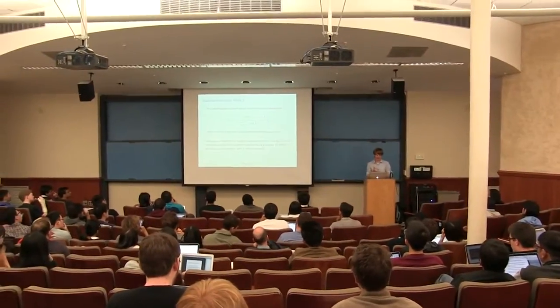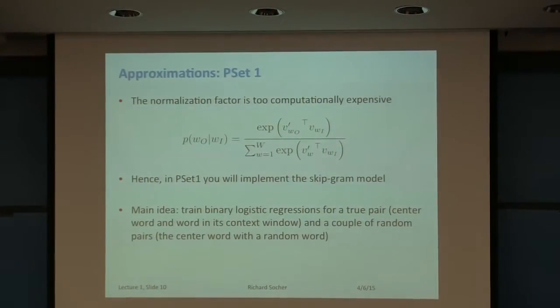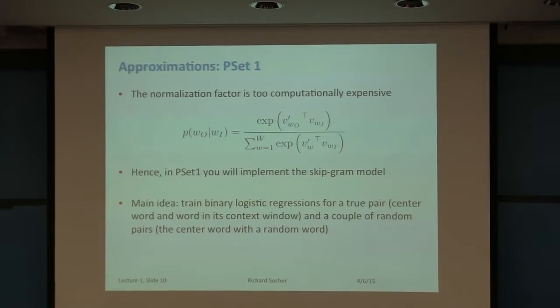So in the problem set, we'll actually approximate this function, because not only would it be suboptimal to go over all the windows before making a single update step, but it's also computationally way too expensive to compute the normalization factor here. You'd have to sum over the entire vocabulary, and even that, it's not a sum over billions of things, but it's a sum over millions of word vectors.